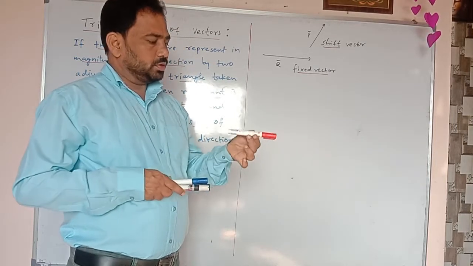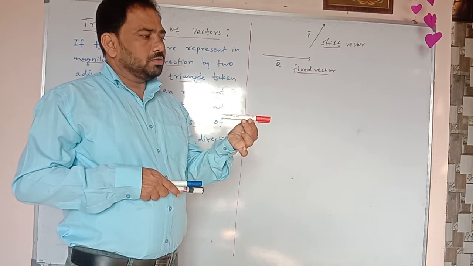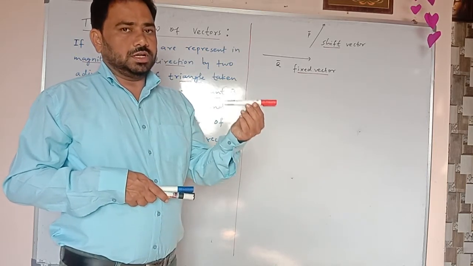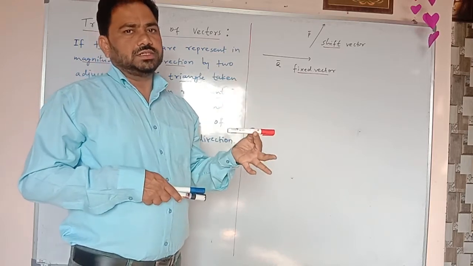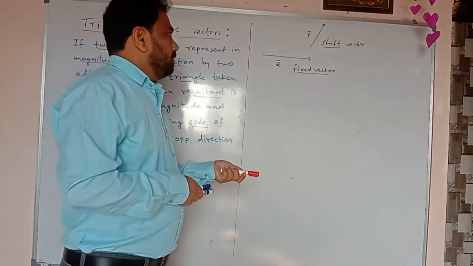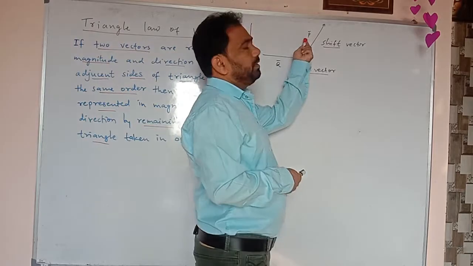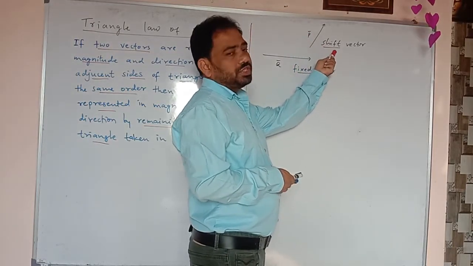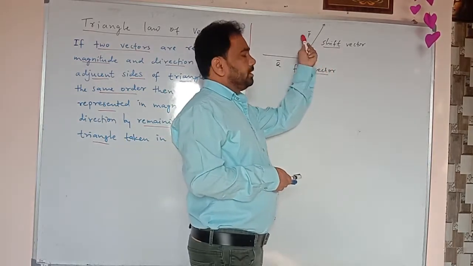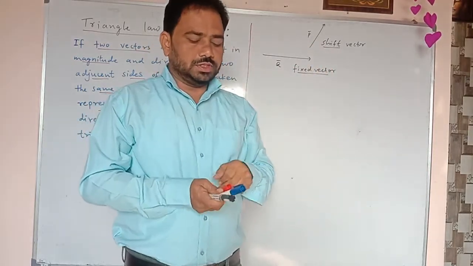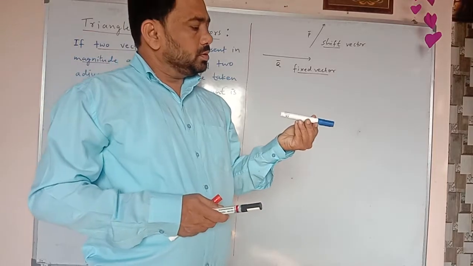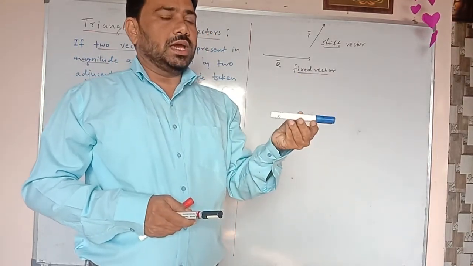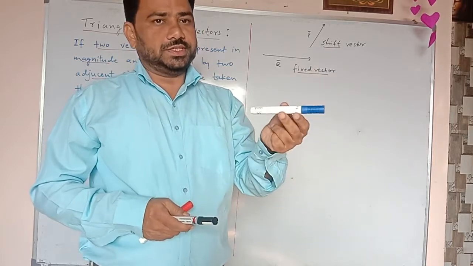Suppose this one is the fixed vector, so it cannot be placed at another place, it is fixed at one place. Now the other vector is vector p, and this p vector is a shift vector. Shift vector means we can easily shift this vector to any point or any place.